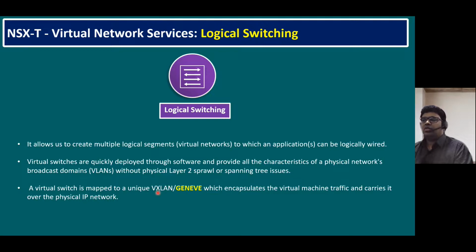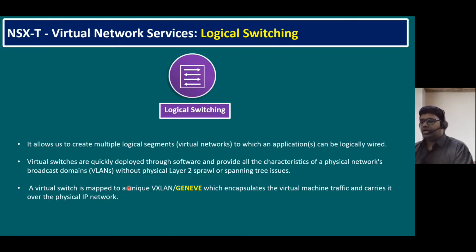This VXLAN concept is only in NSX-V, and the latest NSX-T has updated the encapsulation protocol from VXLAN to GENEVE. GENEVE full form is Generic Network Virtualization Encapsulation. So the virtual switch is mapped to GENEVE, which encapsulates the virtual machine traffic and carries it over the physical IP network. That is the importance of logical switching.